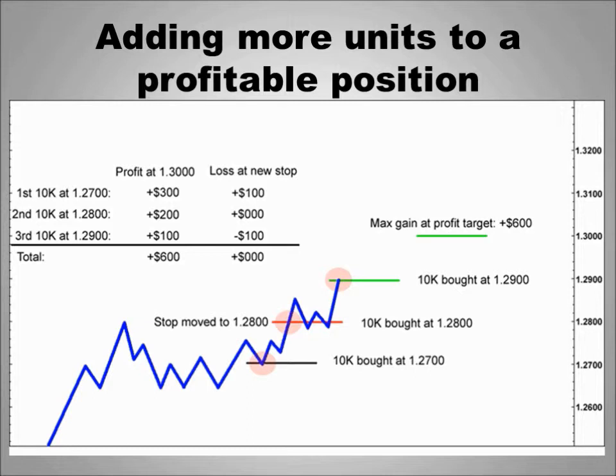So again, let's say the second order of 100,000 units, we ordered at 1.28, and we place our stop loss at 1.27. So we have a stop loss at 1.26, and we have a stop loss at 1.27, which means that reduces our risk from $100 to $0.